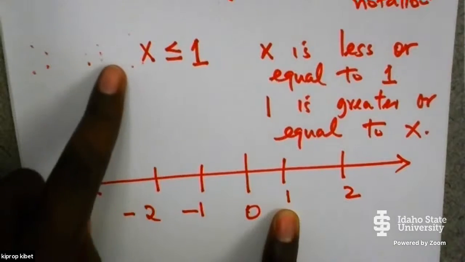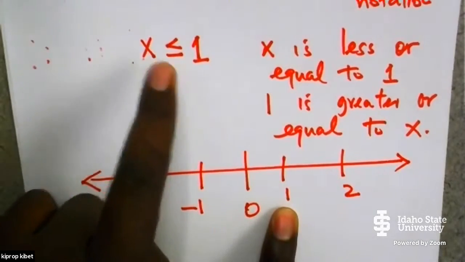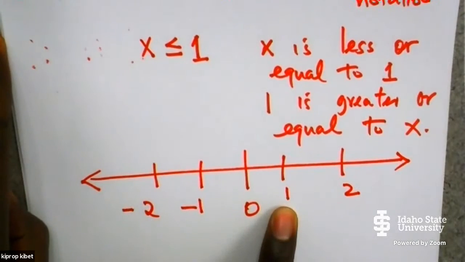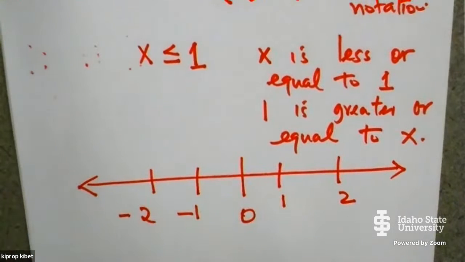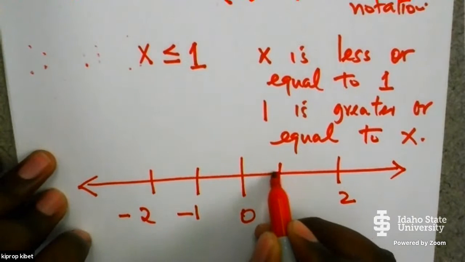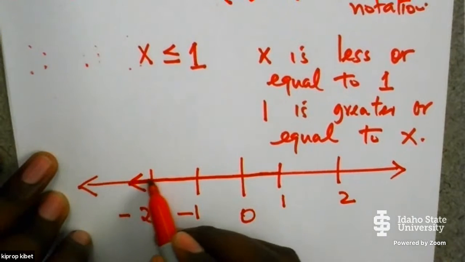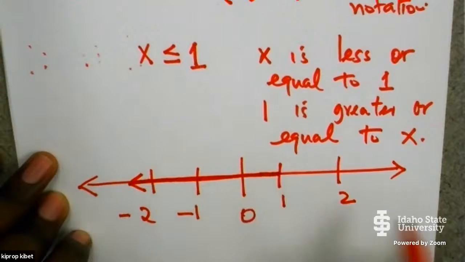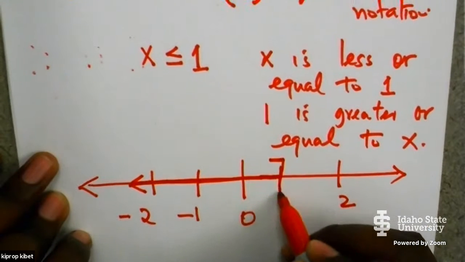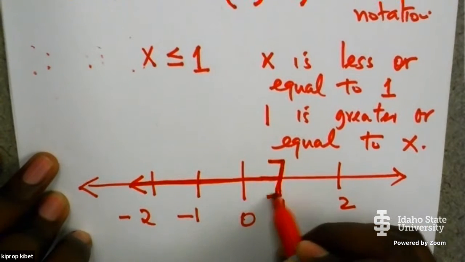Then the values of x are less than or equal to 1, so we use the bracket. These values are in this direction, so we put the bracket.